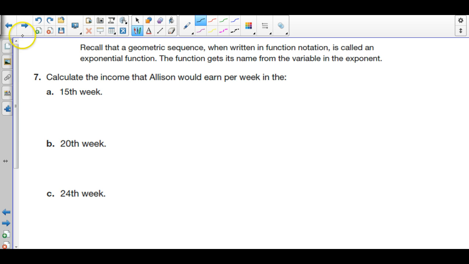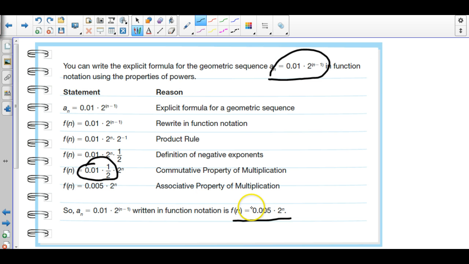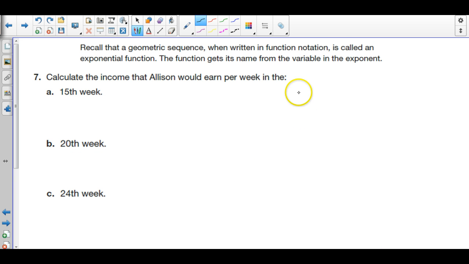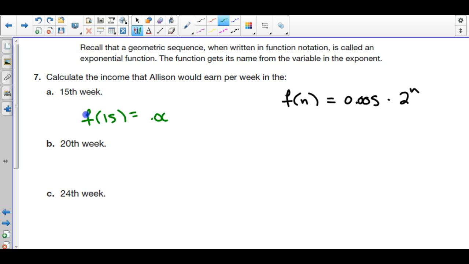I'm going to write the function that they had from before. F of n equals 0.005 times 2 to the n. And we're going to evaluate this for all these different inputs. So for this first one, we're going to do f of 15 equals 0.005 times 2 to the n.